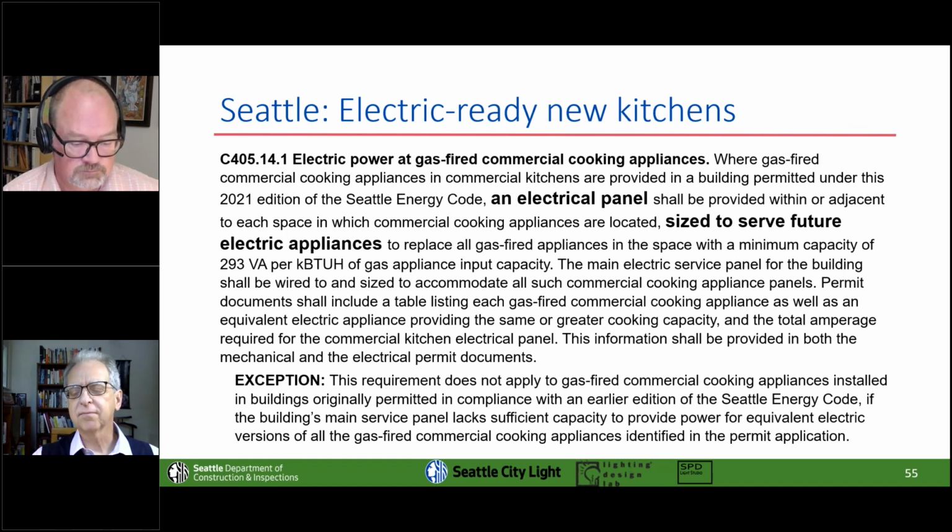It's because doing the switch out later in the life of the building can mean having to upsize the electric service, which would be prohibitively expensive. So it doesn't apply to existing buildings that were built under previous codes, but going forward, you're going to have to, even when most people don't know who the tenant's going to be on a ground floor retail space.